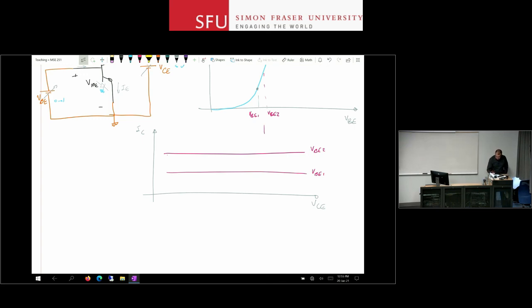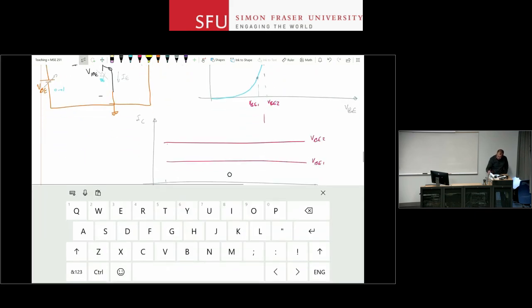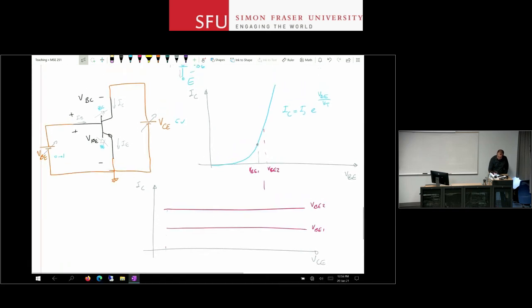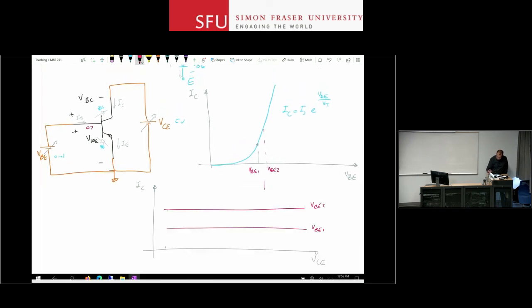Something funny happens when VCE becomes too small. As you reduce this VCE, there is a chance that at some point you may forward bias that diode. So let's say you put 0.7 volts here at the base, and you try to reduce VCE. At some point you may have, let's say, 0.2 volts here or 0.1 volt here. So now the base collector diode is actually forward biased by 0.5, 0.6 volts.